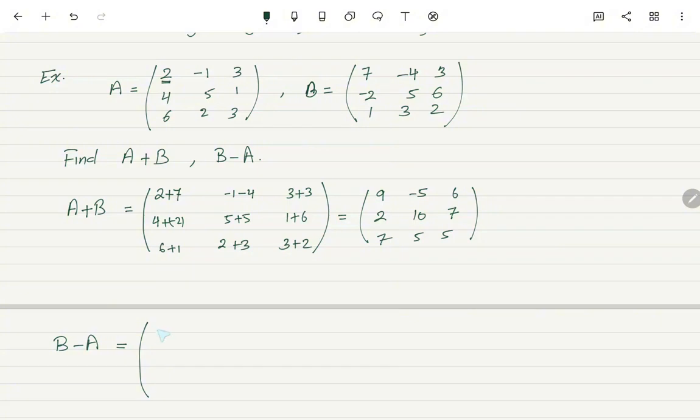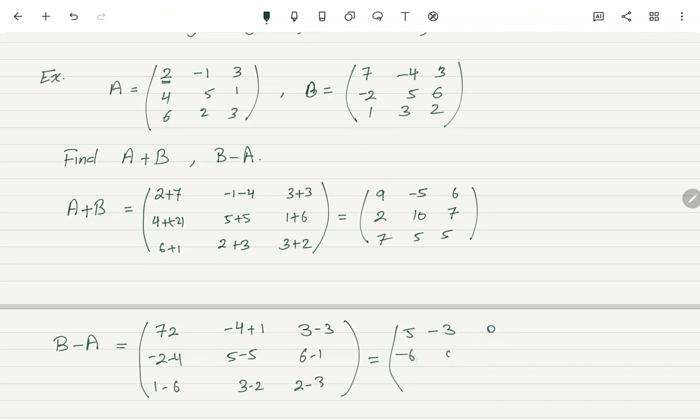In this case here, 7 minus 2, minus 4 plus 1, 3 minus 3, minus 2 minus 4, 5 minus 5, 6 minus 1, 1 minus 6, 3 minus 2, and 2 minus 3. So in total, it's equal to 5, minus 3, 0, minus 6, 0, 5, minus 5, 1, minus 1.